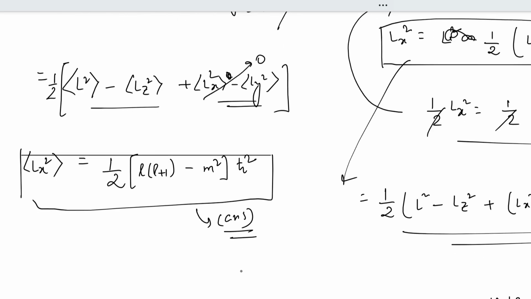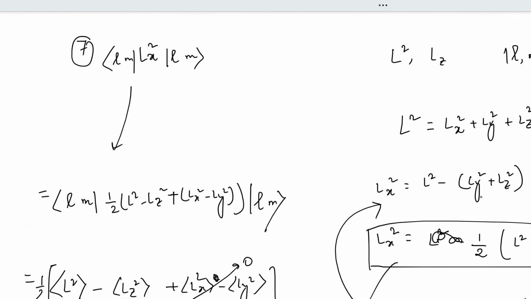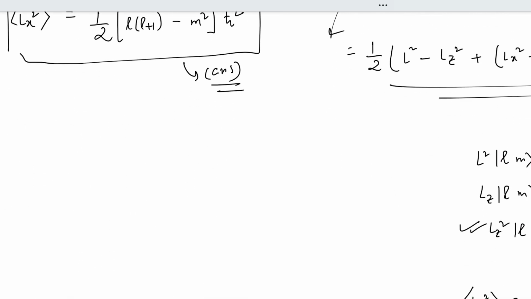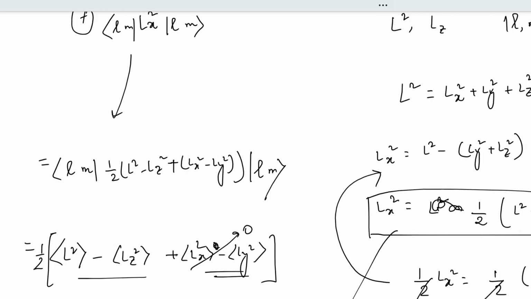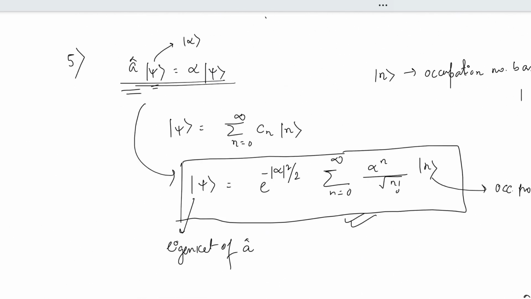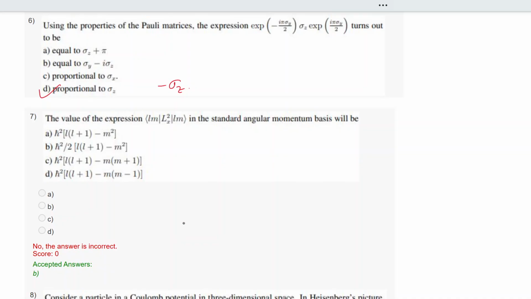This is only possible because you have very easily simplified this into a form where you have a subtraction of Lx squared and Ly squared, which are independent of the eigenfunction that is taken. Whether you take the expectation value of Lx squared or Ly squared, they will have the same value. That is why their subtraction gives you 0, and hence you obtain this term. So when you go back to the options given to you, you'll have h squared by 2. So this answer is your correct answer.